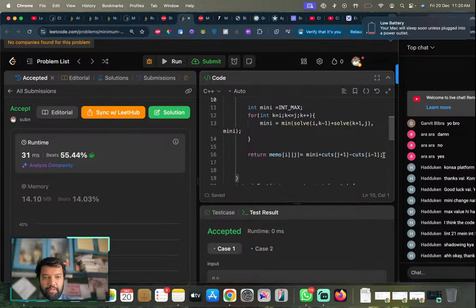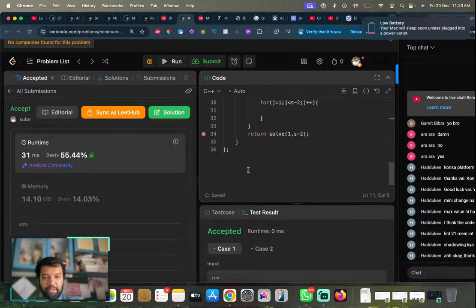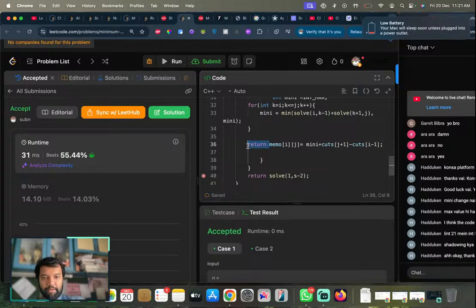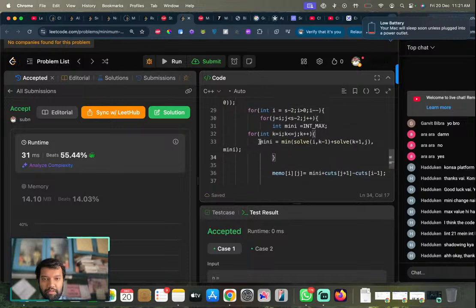Let's copy this. Paste this. No more memo of I, comma k minus 1, memo of k plus 1, comma k.